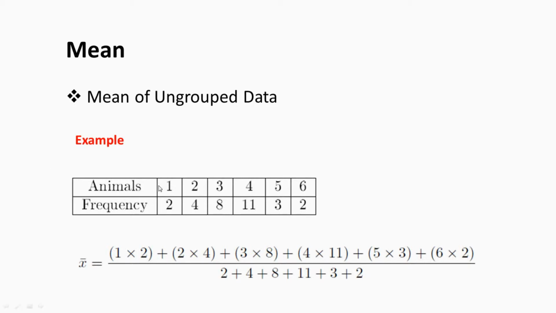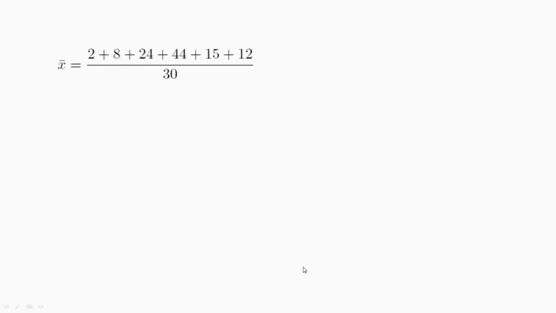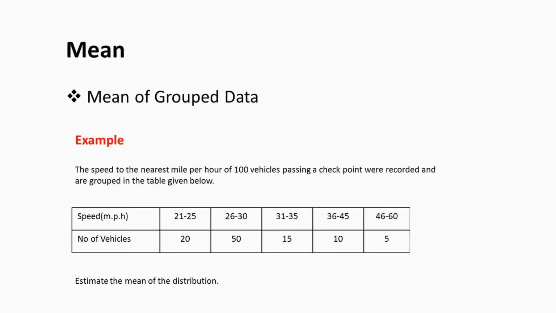First, you should multiply this value and this frequency value, and add it to the second column multiplication value. Likewise, you can obtain the final answer. The final answer is 3.5.